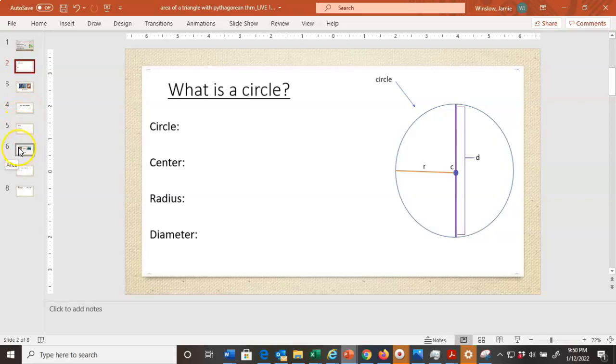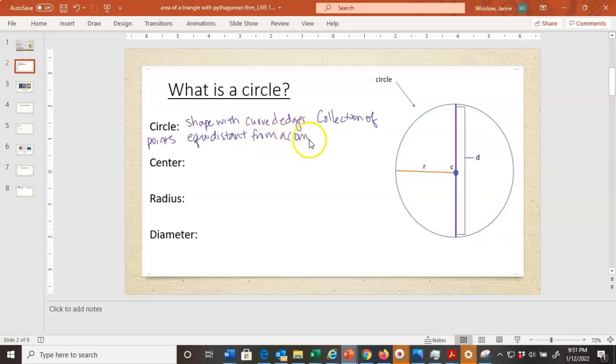So what is a circle? I know you guys have seen circles and you've worked with them, you know what they are certainly, but the geometric definition of a circle is a shape with curved edges. It's also a collection of points equidistant from a common point.